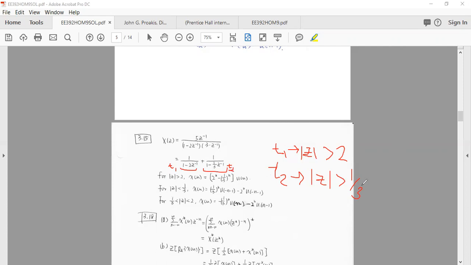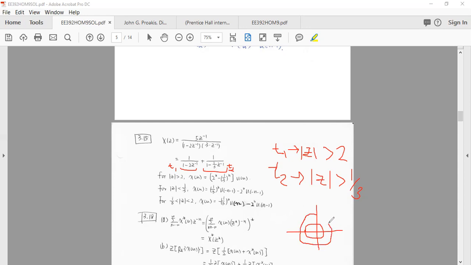So now if we make the region of convergence for both the terms and the overall Z transform, if we draw the region of convergence, we have 1/3 over here, and then we have 2 over here.